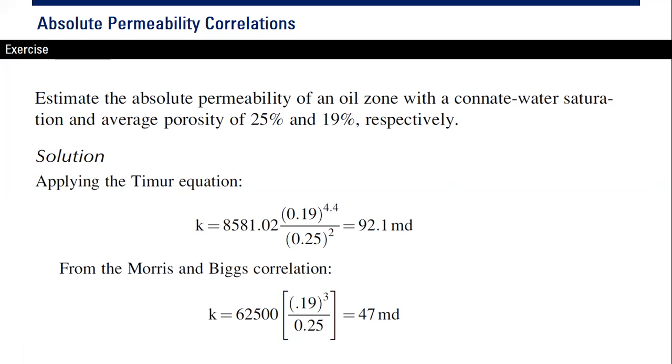If you prefer Morris and Biggs, then you can use 47. But for me, usually, I just do averaging. But in cases that I know for sure that the Timur equation is more applicable, then I will use Timur. For cases where Morris and Biggs is more applicable, then I will use Morris. If I'm not so sure, then I calculate with two methods and then average.